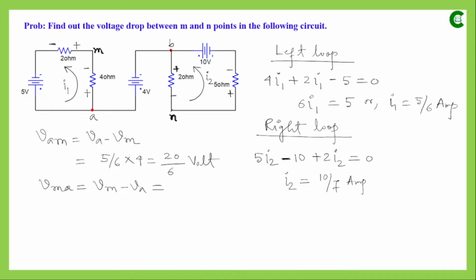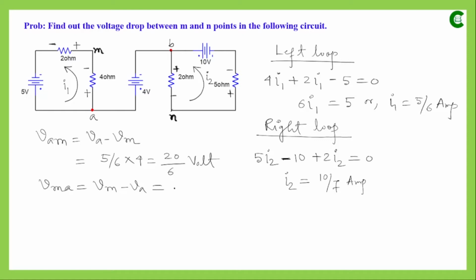So it will be the same value but with opposite polarity, since for VAM, the current is flowing in the upward direction. With respect to that direction of current, this side is at higher potential, this side is at lower potential, so it will be VAM. Now if we want to find out VMA, then it will be the same value but with opposite polarity.